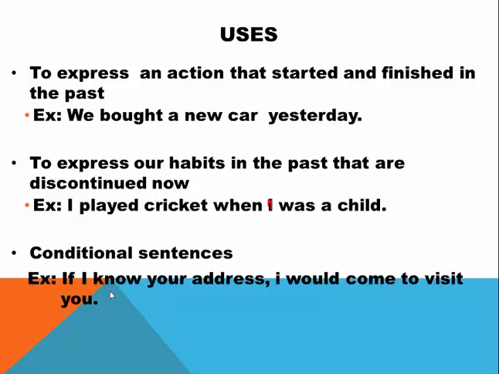It should be "knew." This is the second form. So: if I knew your address, I would, again it should be capital I, I would come to visit you. So these are the uses of the simple past tense.